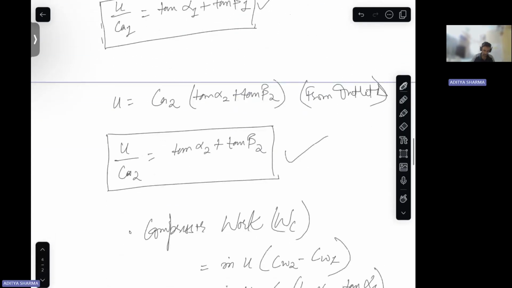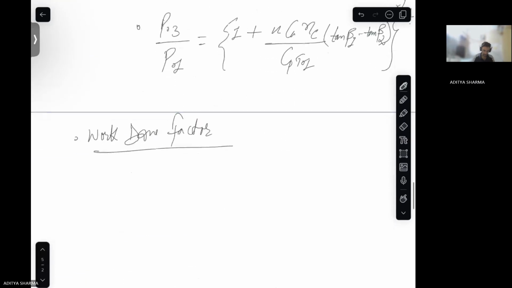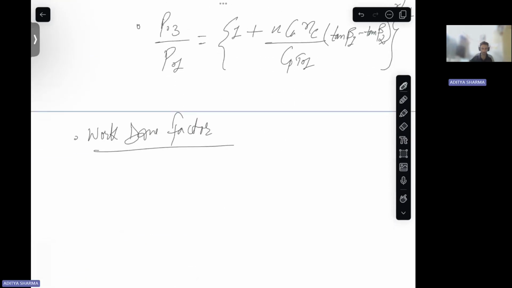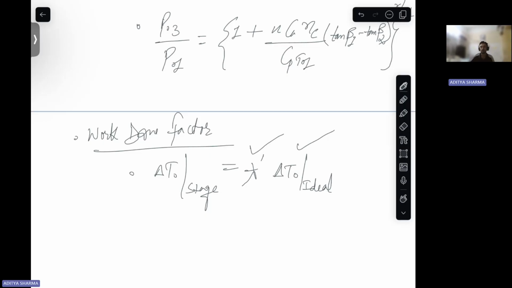And because of this, we have introduced this work done factor. It puts into perspective that delta T for the stage will be equal to this ideal value. Ideally it has to be this, but because of variations in the velocity along the blade height, it is like this.